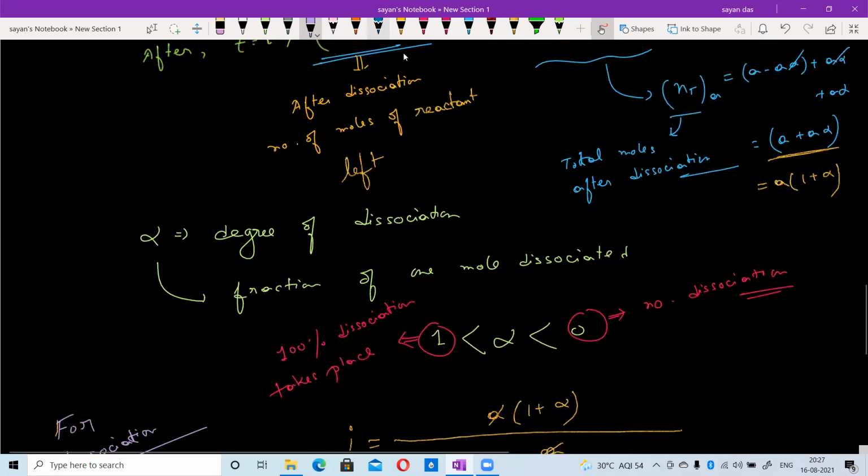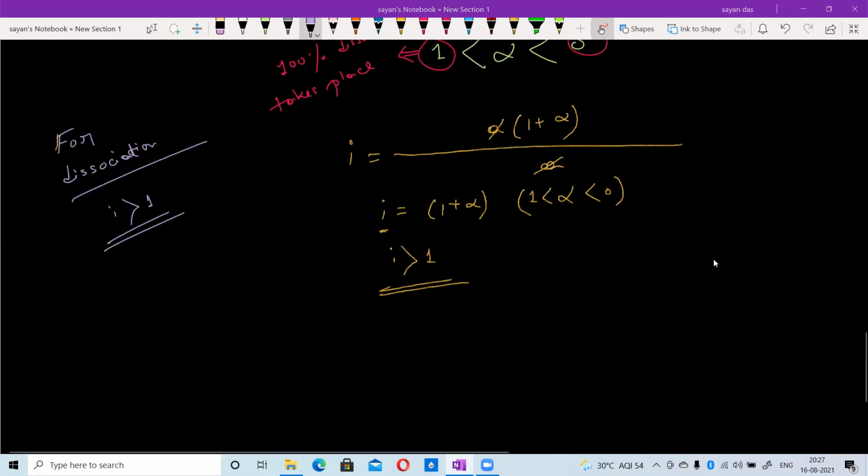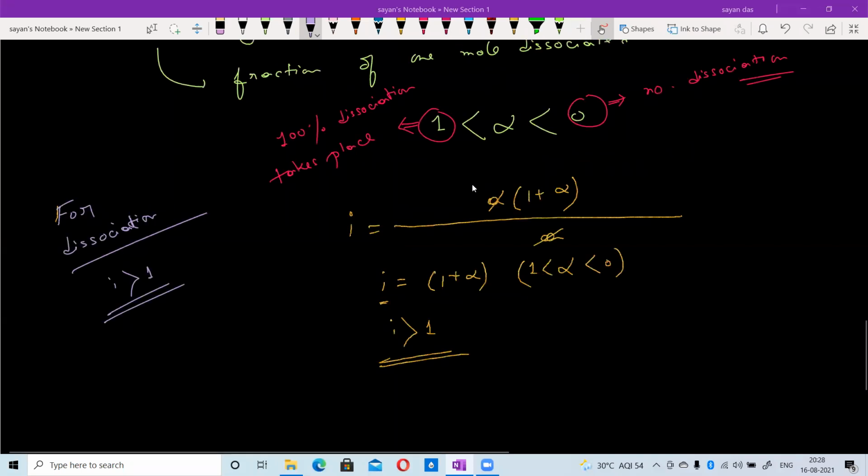Do you have any doubt regarding this part? Please tell me. Avinav, any doubt? Manish, Raghav, Shruti, any doubt regarding this part? Okay. No, sir. Okay, completed.